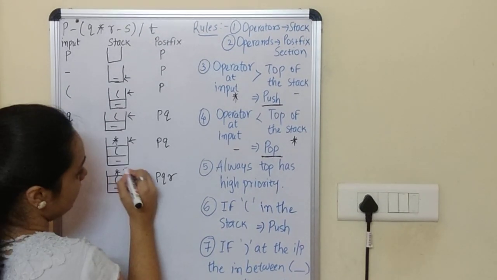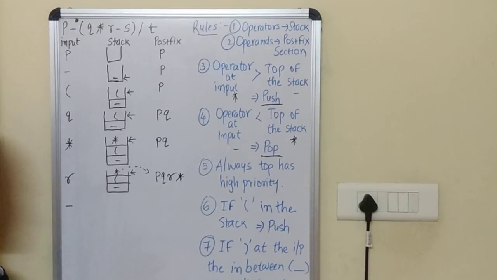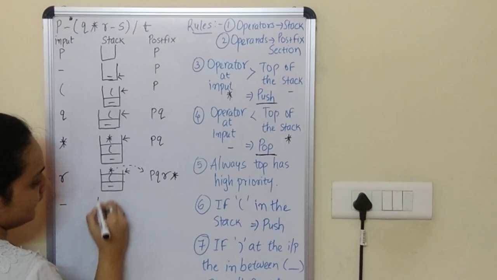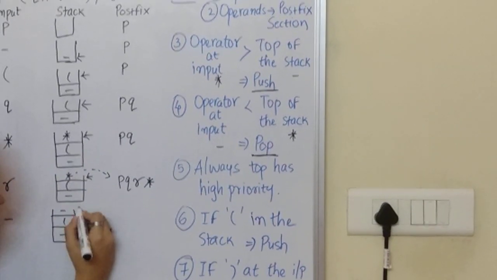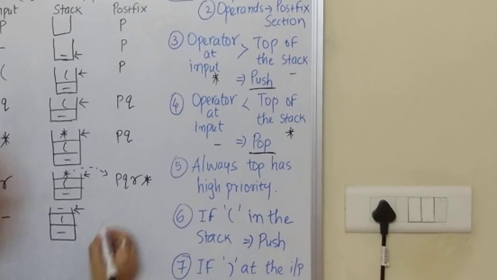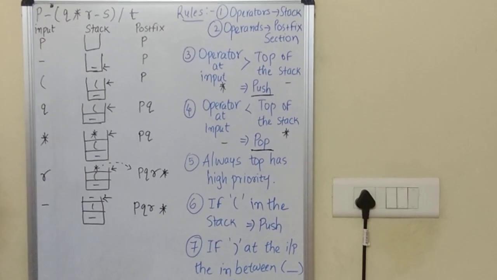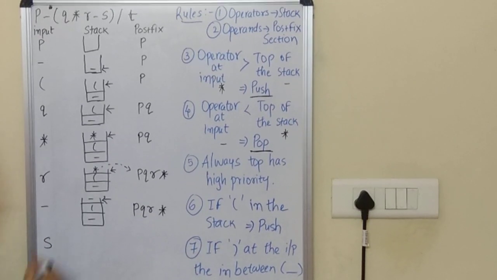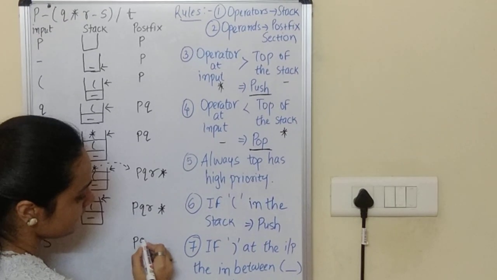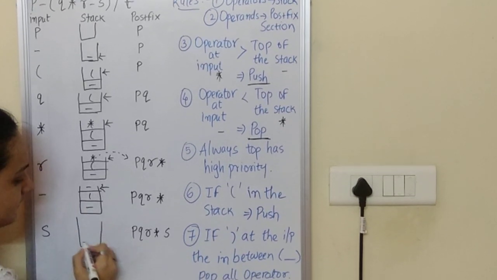So first of all, this multiplication is popped out, and then I can insert the minus sign. Okay. So here P, Q, R and multiplication. Then S. So S is my operand. So I can directly write it into this section. S. The stack will remain the same.